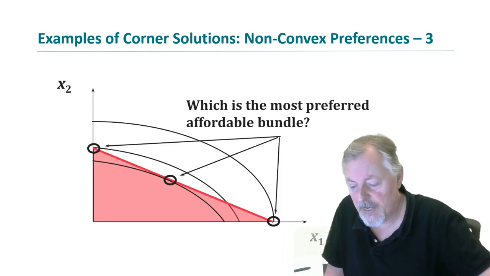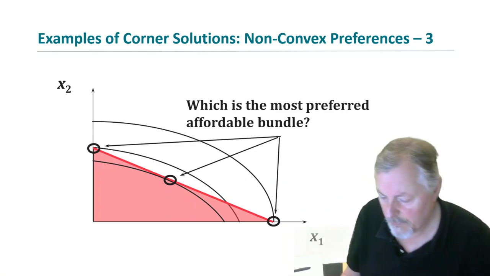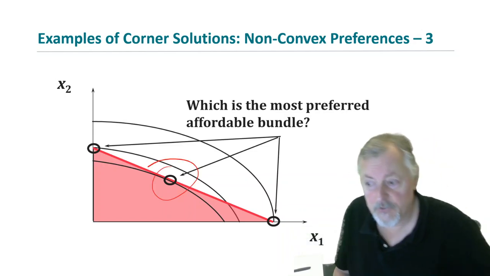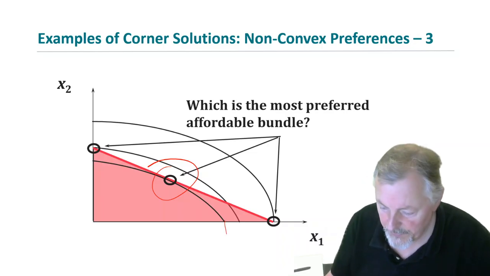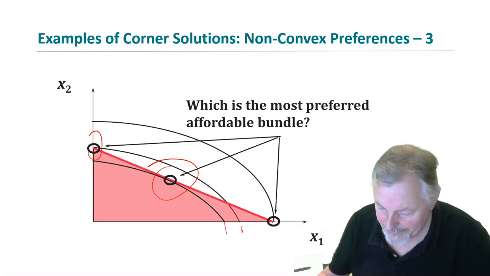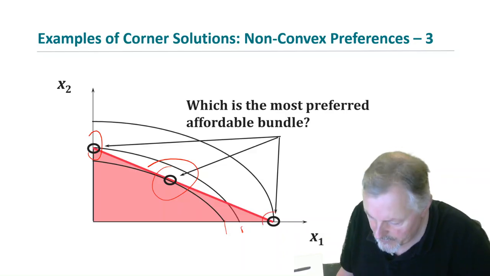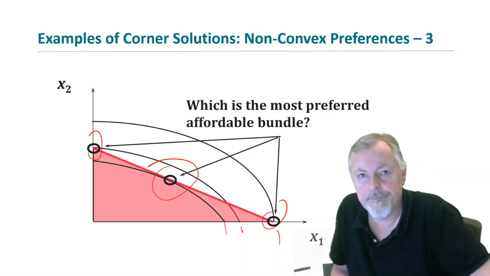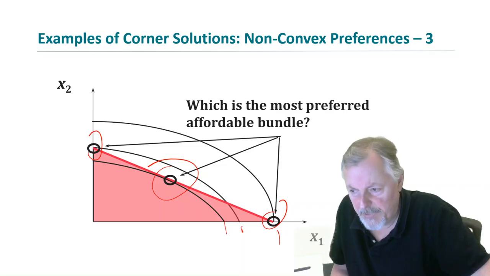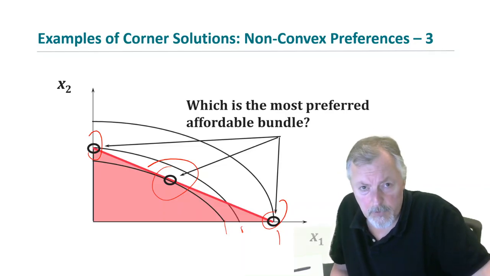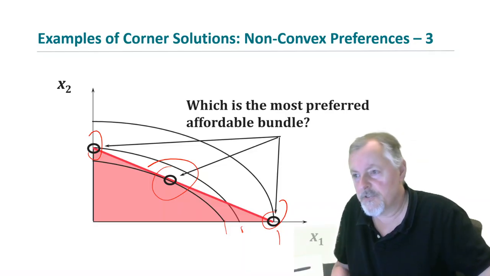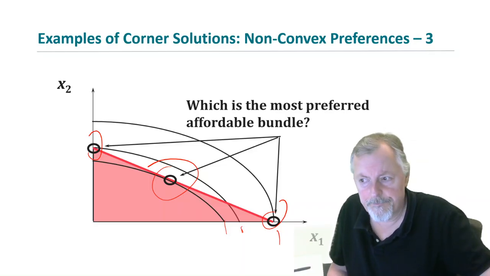These are all affordable. Which one gives the highest utility? This one certainly does not. It's on this low indifference curve. This one does not. It's on that indifference curve. It's this one that gives the most utility. It is the bundle that is just barely affordable and gets the person to the highest indifference curve.